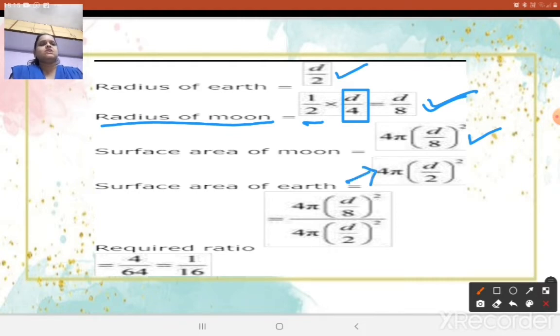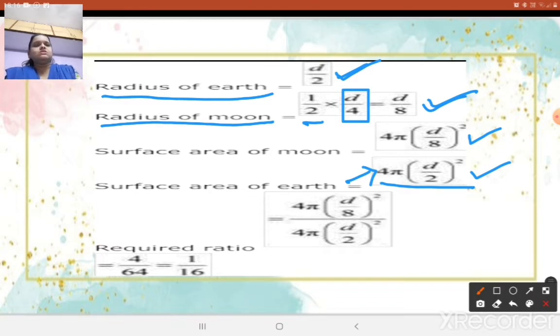So the surface area of the earth is 4 pi r square. Again we got the radius of the earth as d by 2. So substitute over here: 4 pi into d upon 2 the whole square. So what required ratio will you get? The required ratio is moon upon earth.